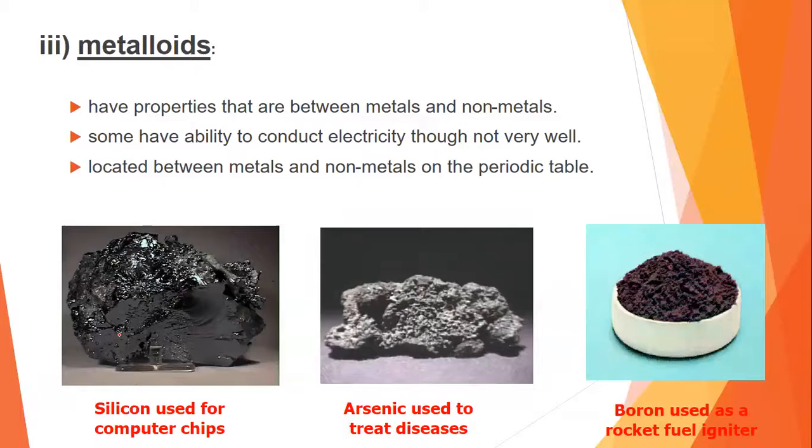Okay, so we classify them as metalloids. So some have the ability to conduct electricity, but some don't. Some are shiny and lustrous, some aren't. So they're hard to classify. Okay, and we call them metalloids. So things like silicon, boron, arsenic.